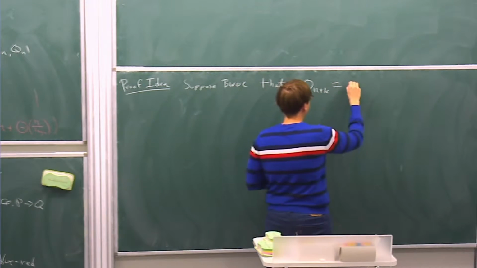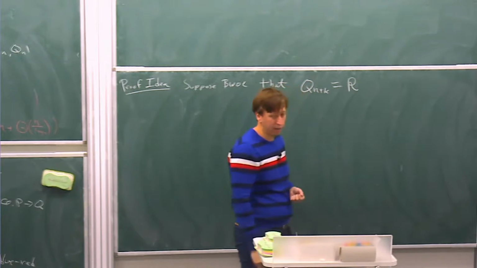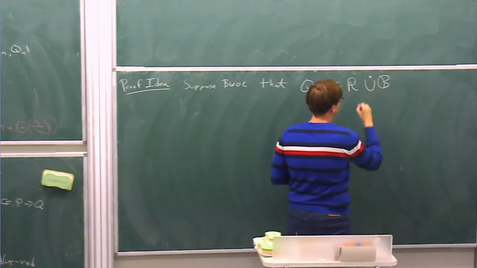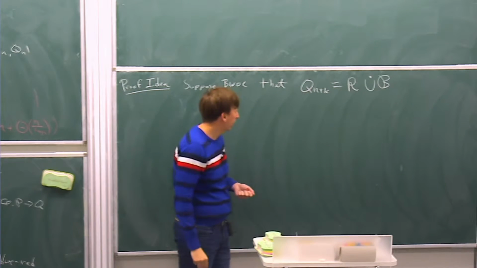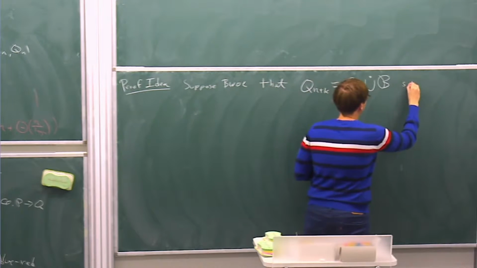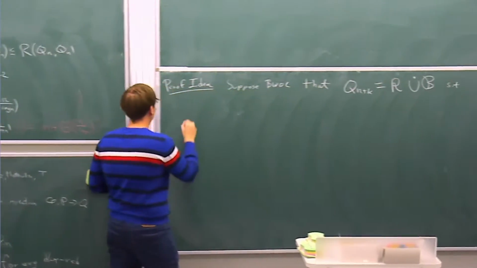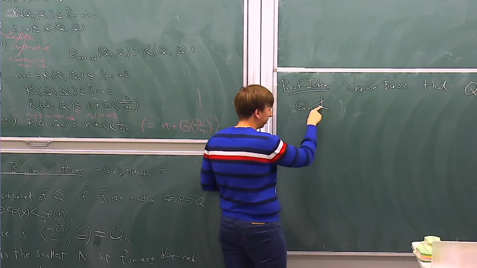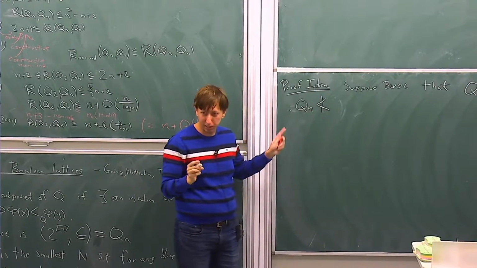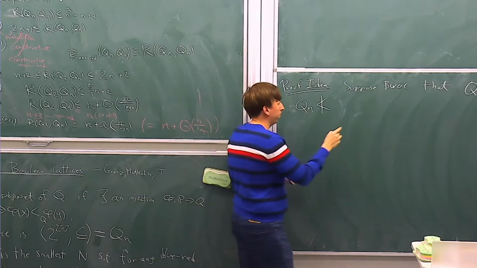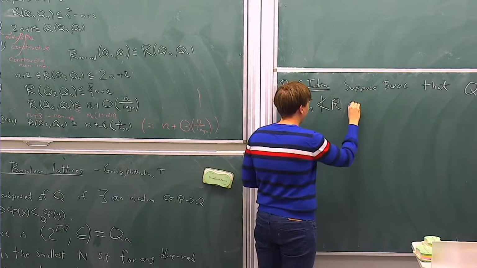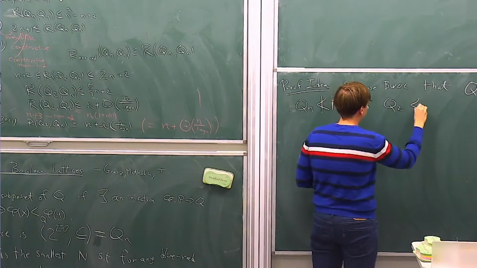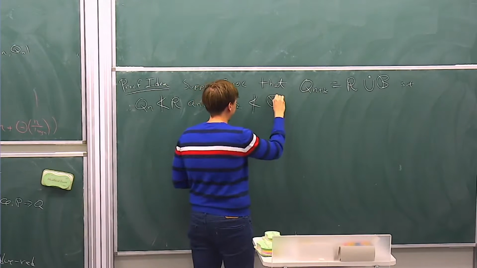Qn plus k and write it as some partition into red sets and blue sets, such that Qn is not an induced subposet of the red sets, and Q2 is not a subposet of the blue sets.